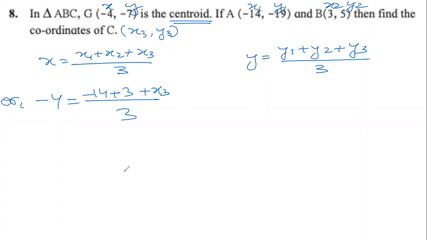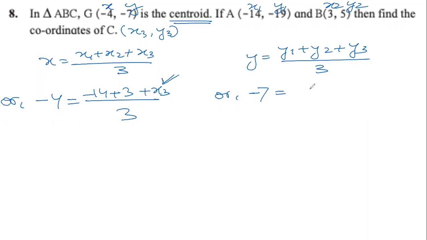Now you see this has again become a linear equation in one variable. So we can solve it to find the value of x3. Similarly, help me write the second equation on the right hand side. Minus 7, you are saying. Yes, correct.